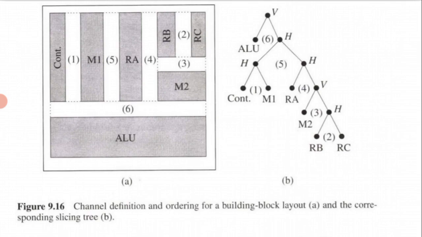Suppose we are taking an ALU, then surrounding the ALU there will be some areas. The purpose of that area is mainly routing. So this area is first partitioned into channels, and the routing in that is done by using channel routing.